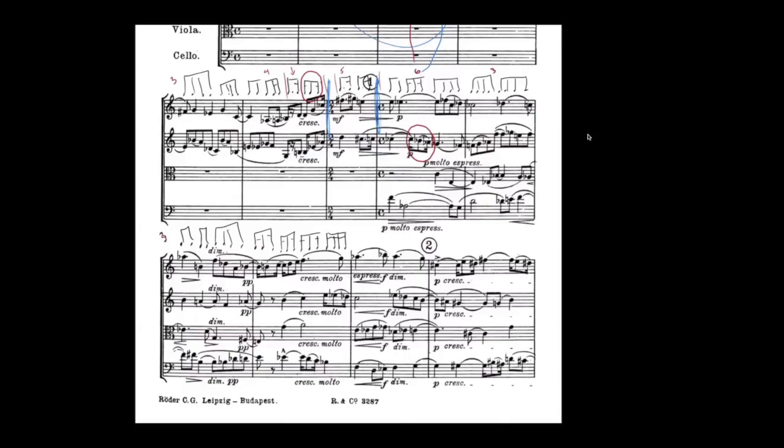So he's continuing to escalate that. We're back to our eighth notes here. And we'll be interested to see what happens in rehearsal marking 2.